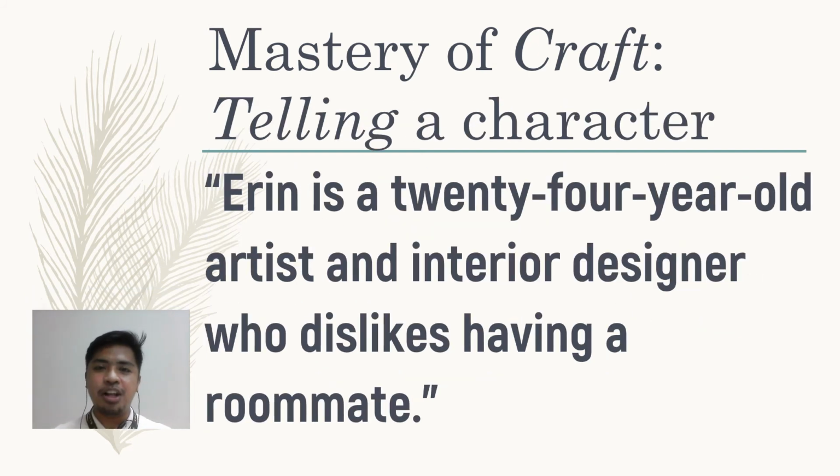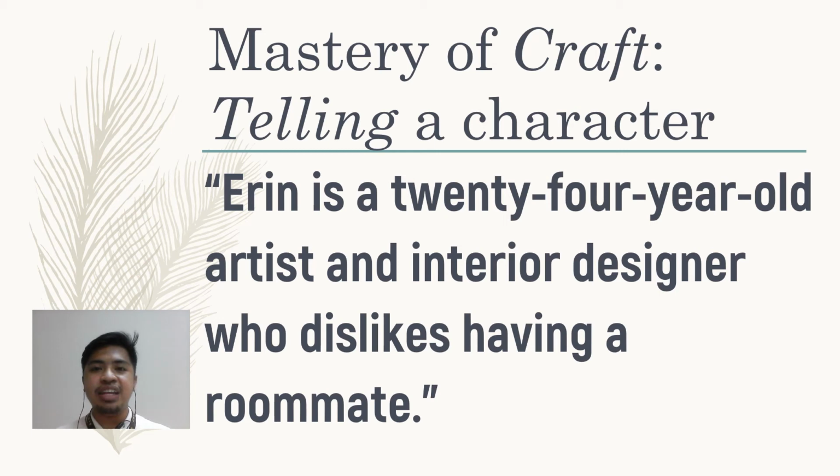Let's have an example. Another example here. Telling a character. For example, Erin is a 24-year-old artist and interior designer who dislikes having a roommate. Very direct, right? It's already revealed who Erin is. That is what we call telling a character.